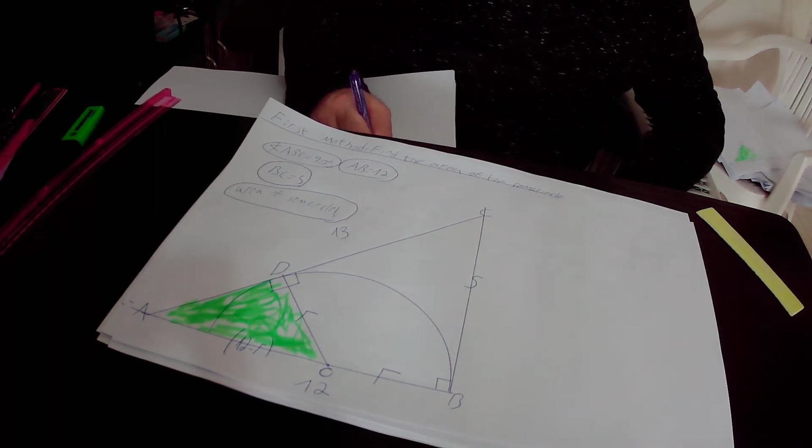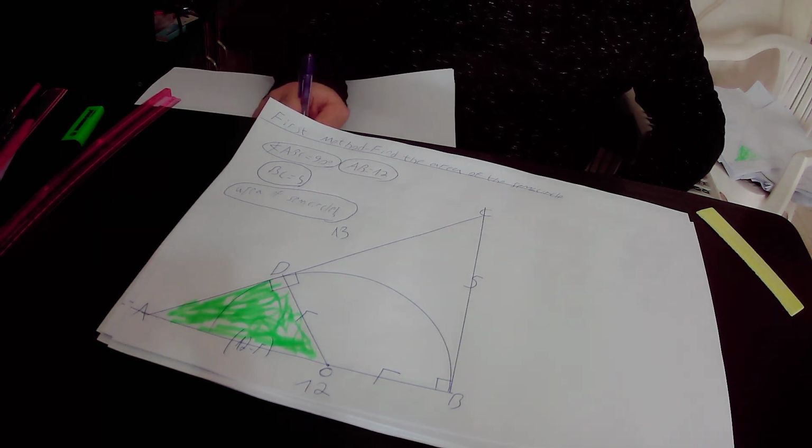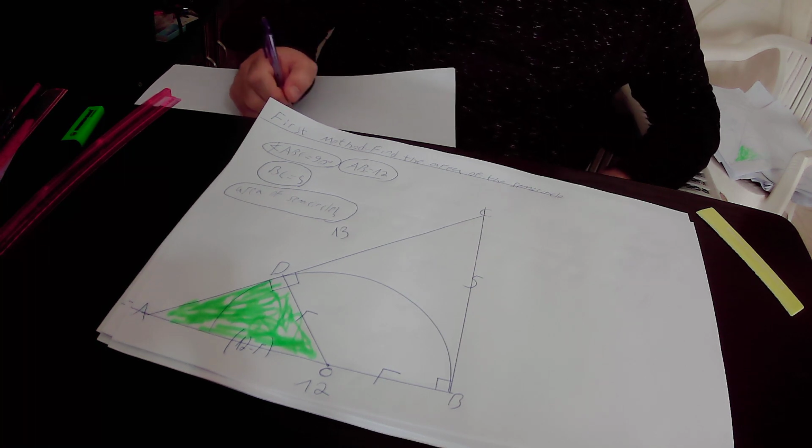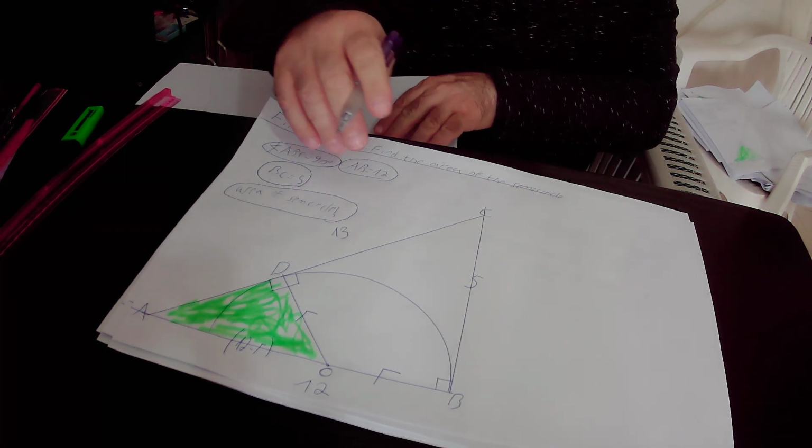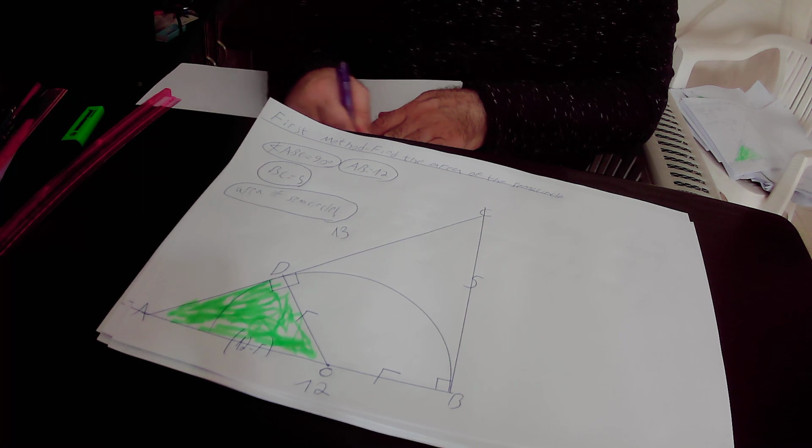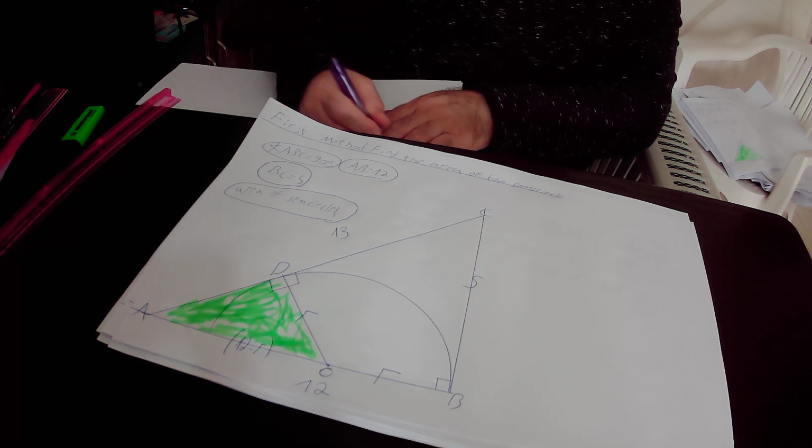So we'll focus on triangle ABC and triangle ADO, and we'll prove that those two triangles are similar to each other. Why are those triangles similar to each other?